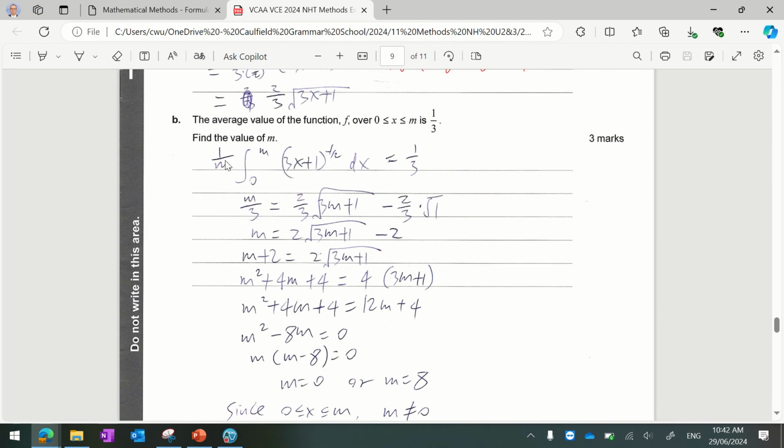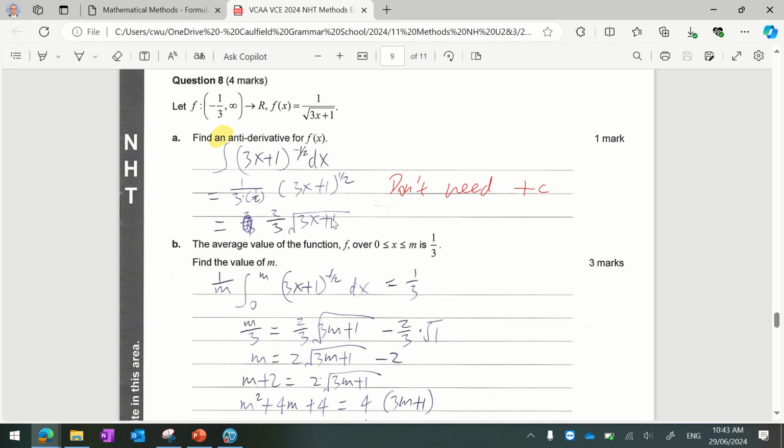Basically, first thing I'm doing is I multiply m on both sides. So m over 3 is really on the right hand side, but I'm writing it on the left hand side. M over 3 comes from multiplying both sides by m. And then I antidifferentiate this, which means 2 over 3 square root of 3x plus 1.